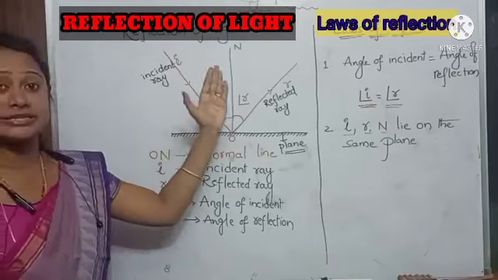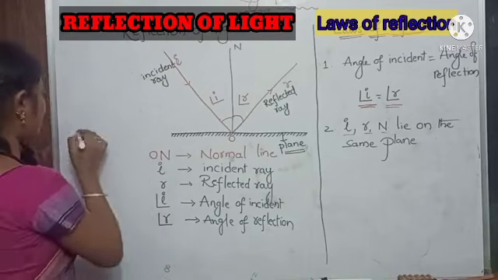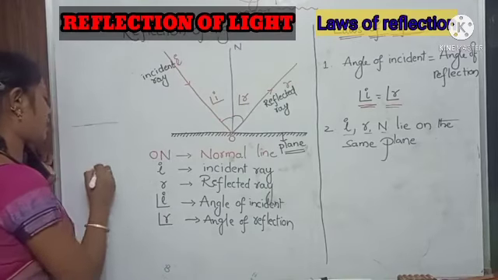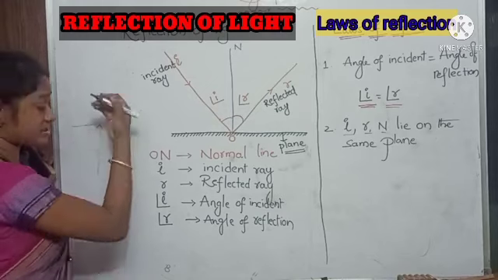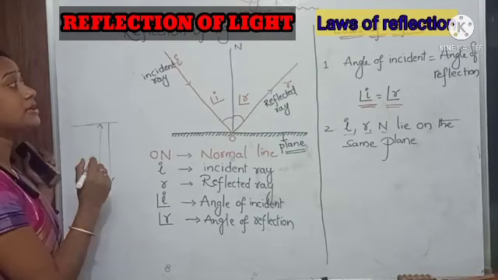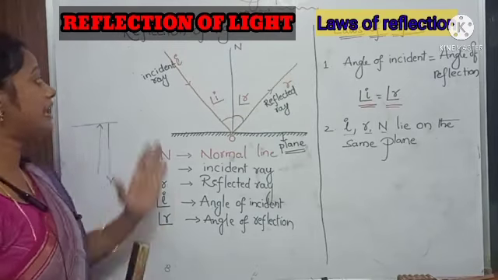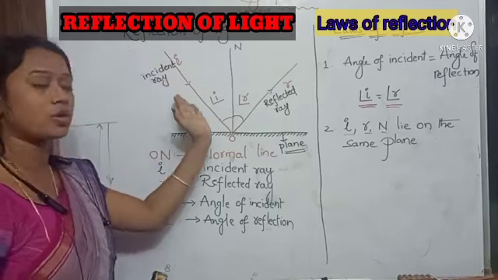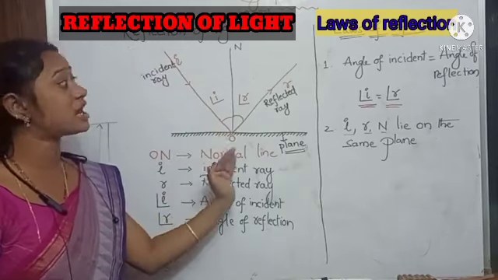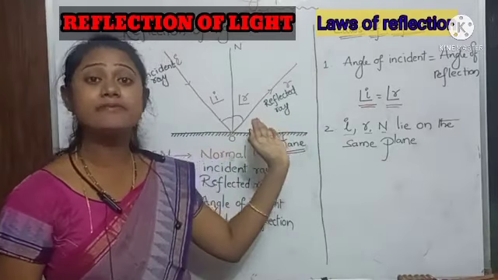Reflection of light. As I told, when we hit a ball, what happens? The ball just gets back with the same speed at the same place. Similarly, reflection of light is nothing but when a light ray is incident on a surface, it just comes back into the same medium with the same speed.